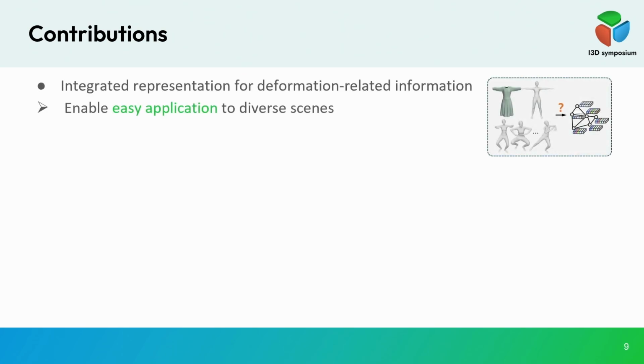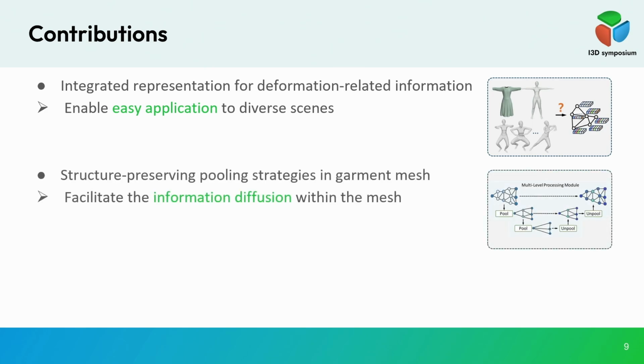Our contribution can be summarized in three key aspects. First, we design strategies for generating descriptions of deformation-related information, making it easier to apply the model to scenes with various objects. Second, we present structure preserving pooling and unpooling methods for garment deformations.